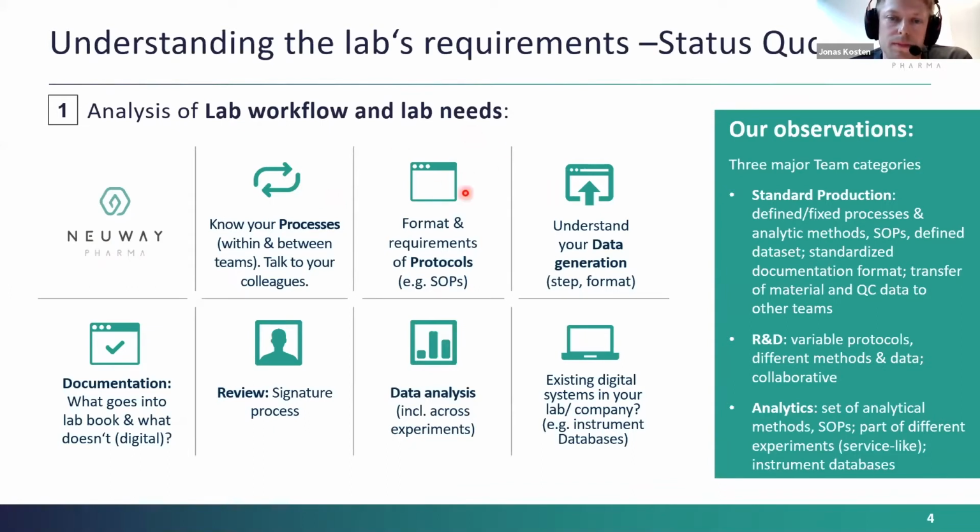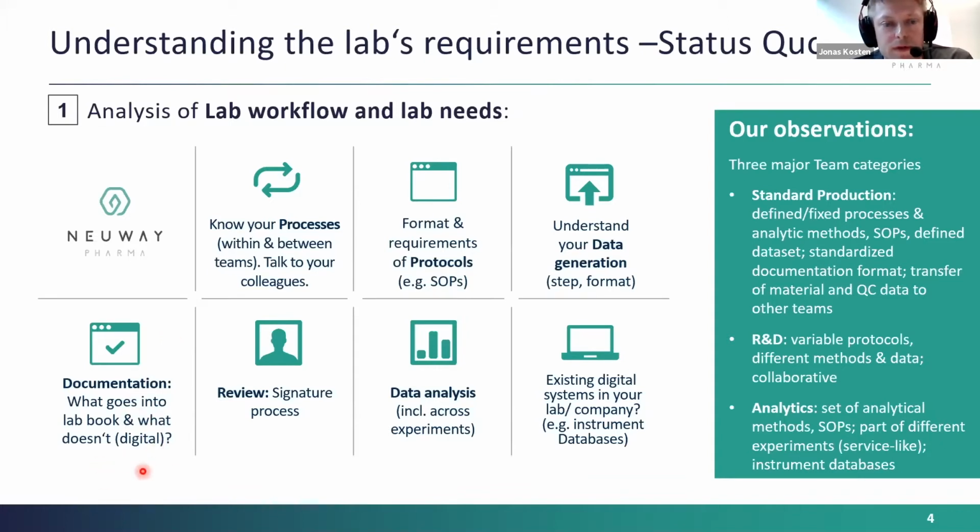Then, just going through a couple of details that we focused on: the format and requirements of protocols, meaning, for instance, are they SOPs; the data generation, where data is generated, at which step and in which format; the documentation, of course, so what goes into the digital lab book or the paper lab book if you have it before, and what doesn't.